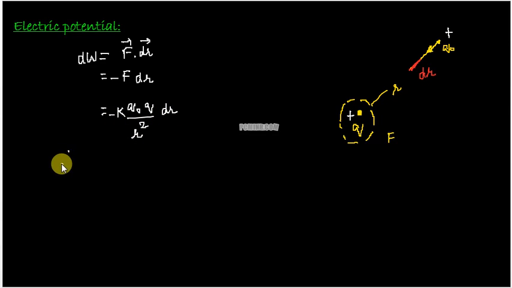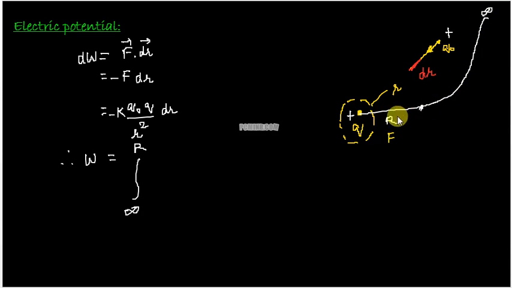Now, what will be the total work done to displace this charge from infinity and bring it to a distance R? Suppose you're bringing this test charge Q naught from infinity to this point at a distance R. How much work has been done?